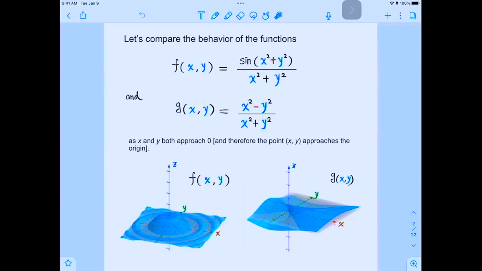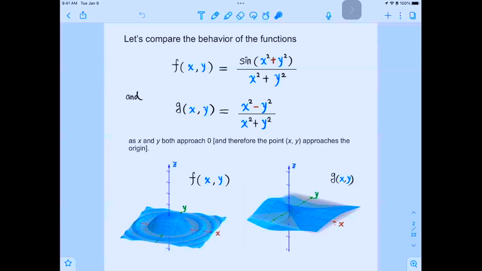The function value is going to be very close to whatever the z value is over here. Notice that this function is undefined at 0, right? When x and y equal 0, we are dividing by 0. So 0 is actually not in the domain of the function.